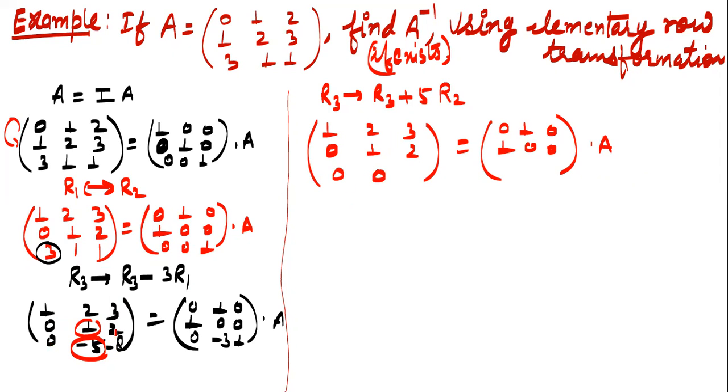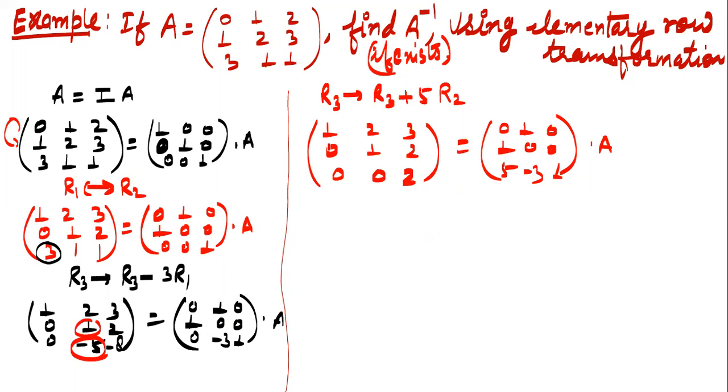R3 plus 5 R2, minus 8 plus 10. That is 2. It will become R3, this will become minus 3 plus 5, that is 5, minus 3, that is 1.